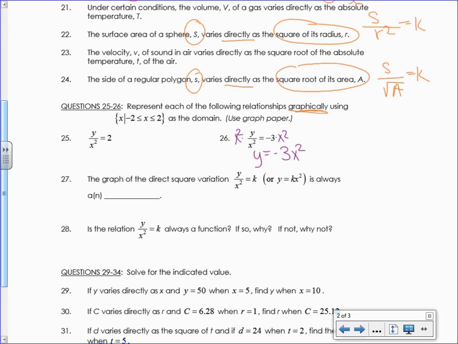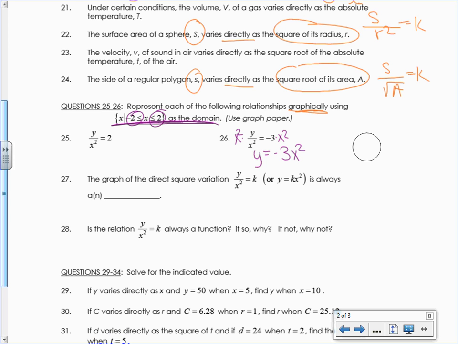We're actually going to do that next class. But this is just saying, I only want you to graph it on x's between -2 and 2. So when you're on your graph paper, here's 1, here's 2, -1, -2. I only want your graph to be between -2 and 2. Don't go past that. Okay?